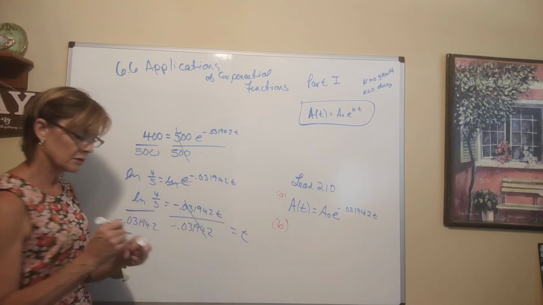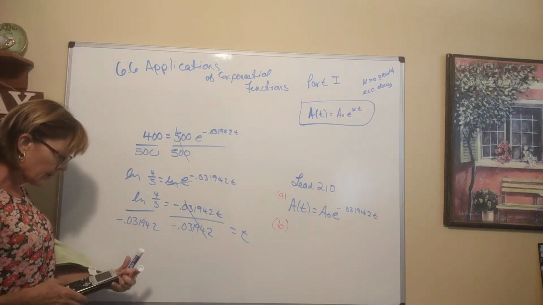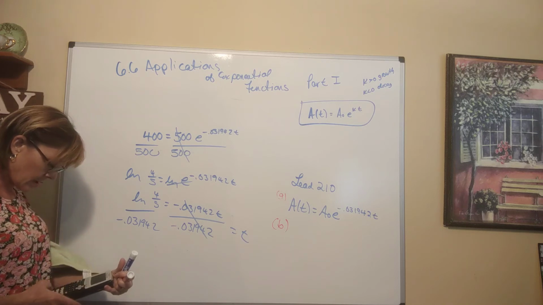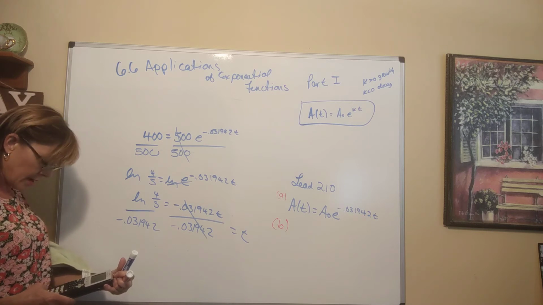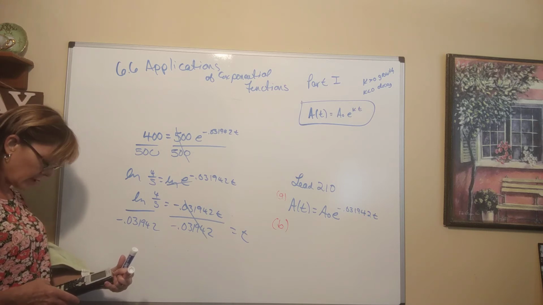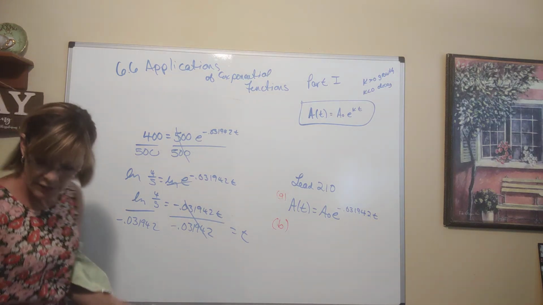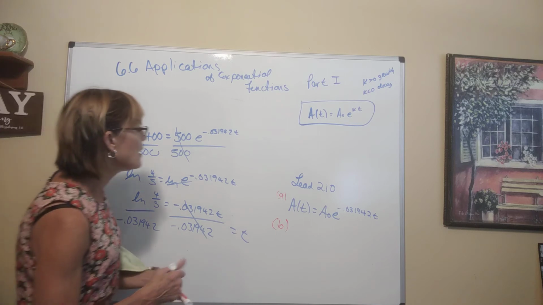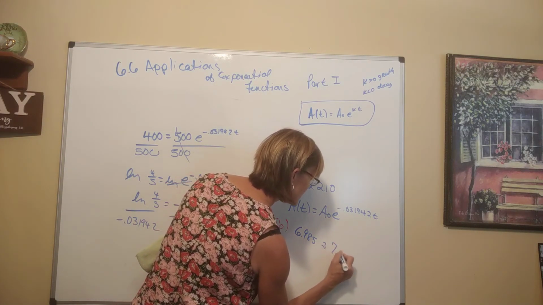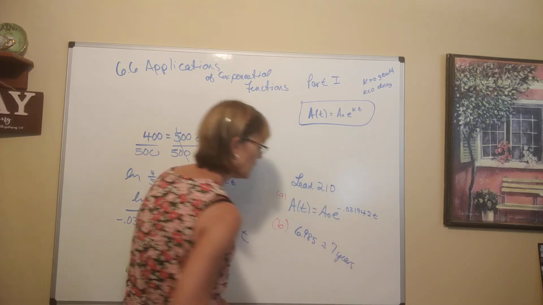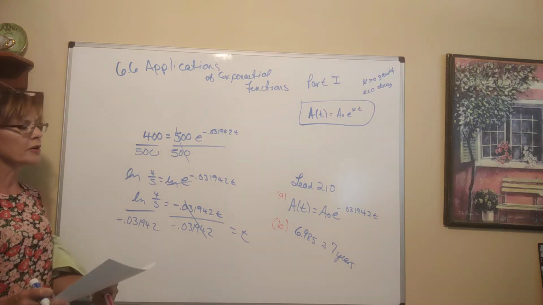So we'll put that in our calculator: the natural log of 4 divided by 5, divided by negative 0.03194 gives me 6.985, or I'm just going to say about 7 years for it to decay from 500 grams to 400 grams.